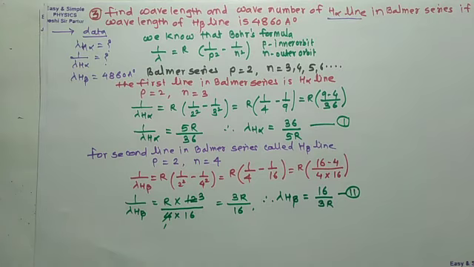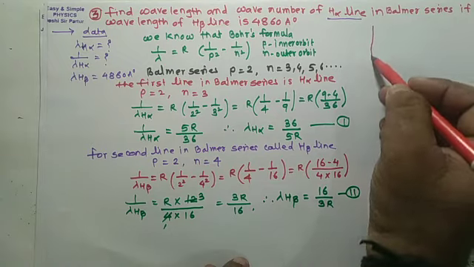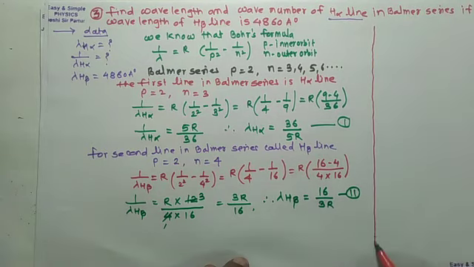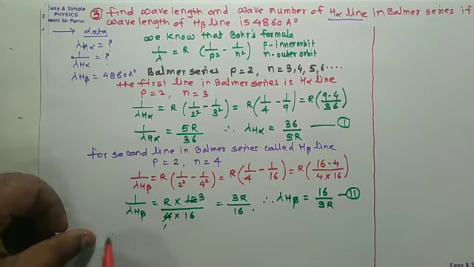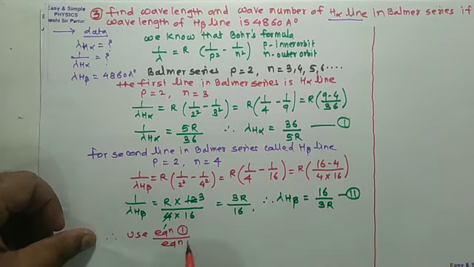Okay, we can find the wavelength of H alpha and the wave number of the H alpha line. So here use equation 1 divided by equation 2.